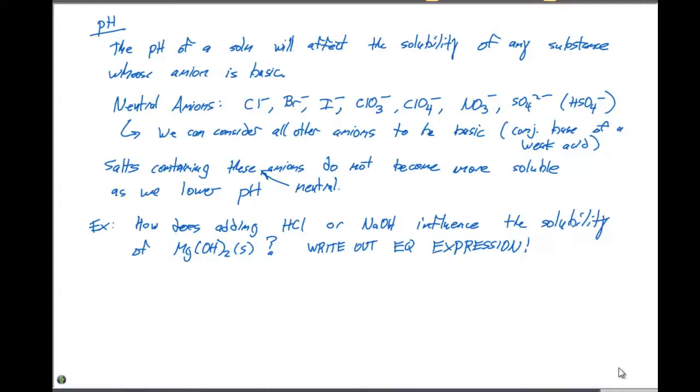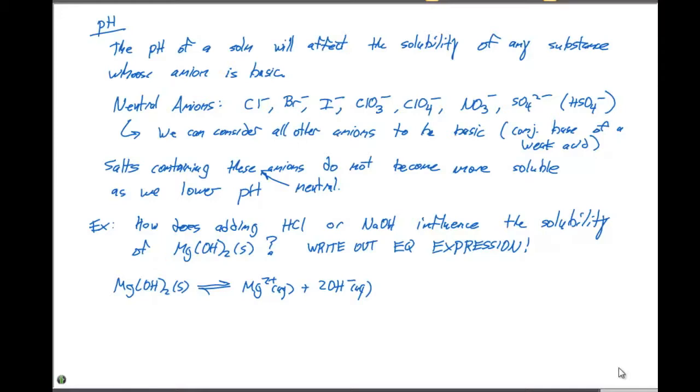So we have magnesium hydroxide, which is Mg(OH)2 as a solid, in equilibrium with Mg2+ in aqueous solution plus 2 OH- ions in aqueous solution.